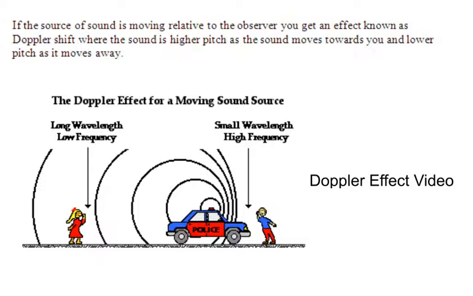So if we look at this diagram, the police car would have to be traveling very fast for it to be this exaggerated. As the police car is moving, which is a very scary proposition since there is no driver in this car, this leading sound wave was created when the car was back here.